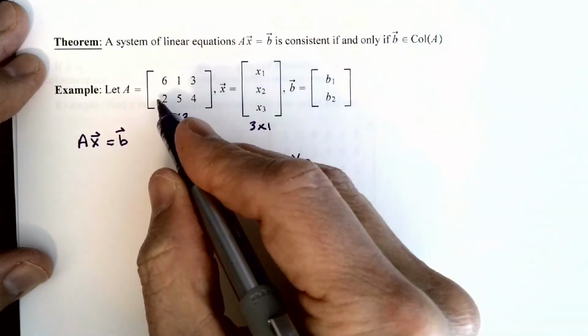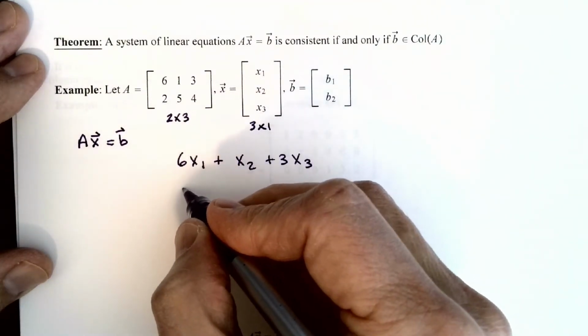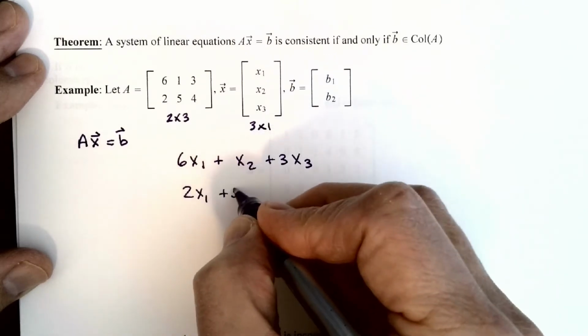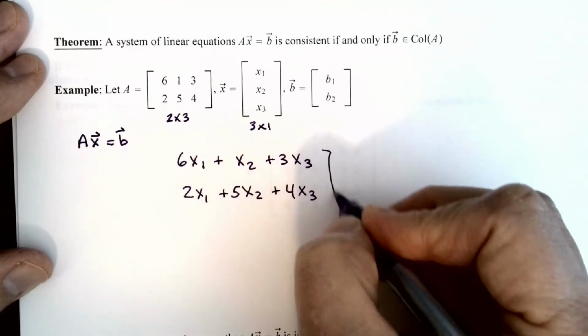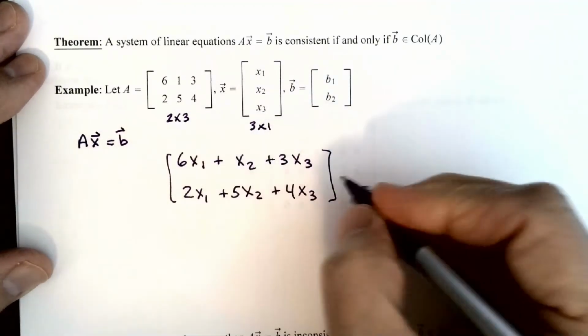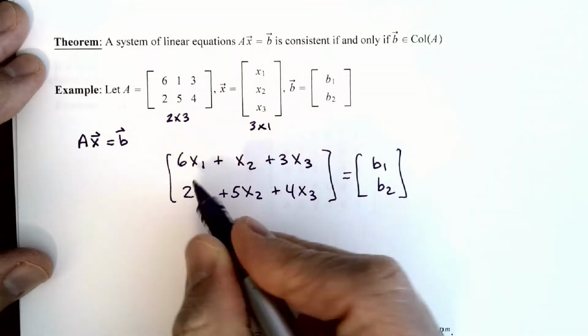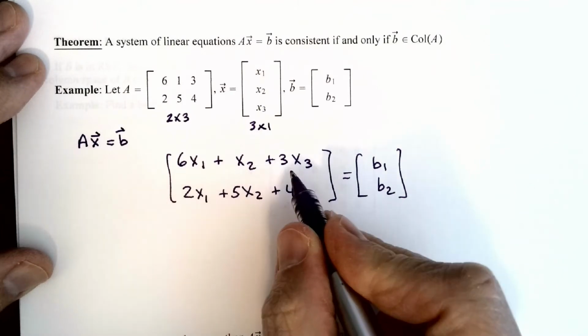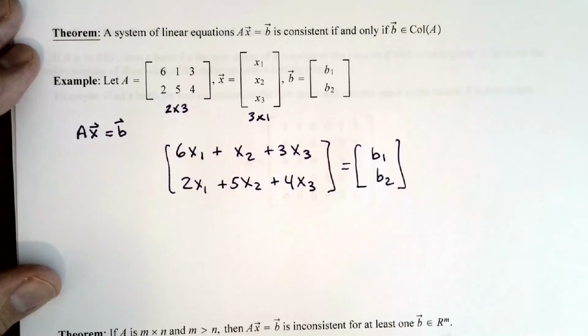And then this row dotted with this column gives us our second row, 2x1 plus 5x2 plus 4x3. So there's our 2 by 1 matrix, and there's our two equations. The first equation is 6x1 plus x2 plus 3x3 equals b1, and then the second equation. So there's our system of linear equations in matrix form.